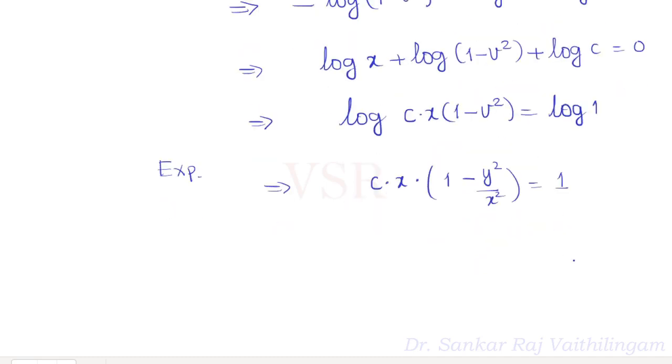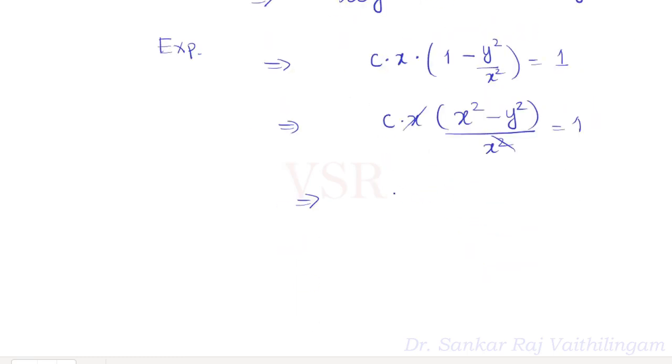So c times x into x square minus y square divided by x square is equal to 1. The square and the x cancel, so we have x square minus y square into c is equal to x. So this is my solution.